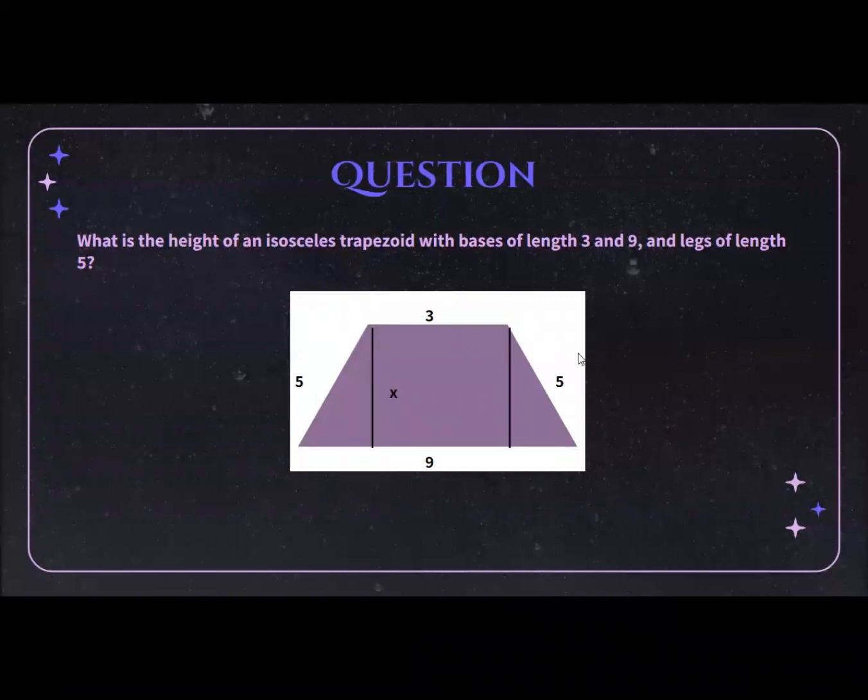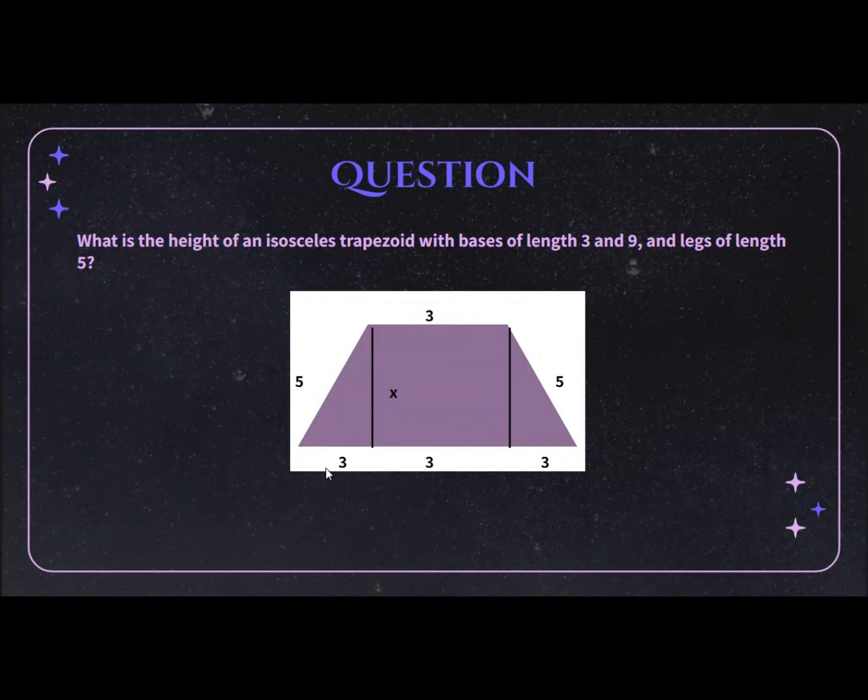You might recognize that it's a rectangle, because the height is perpendicular to the base, forming right angles right here and here and here and here. That means the opposite sides are equal, so this is actually a side of 3, and this is also 3 because it's isosceles, meaning they have the same sides.